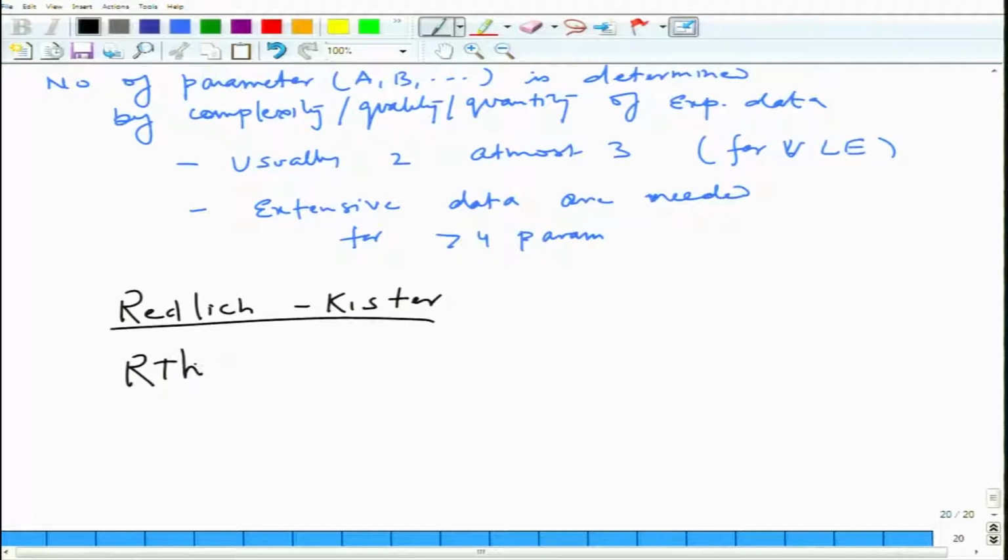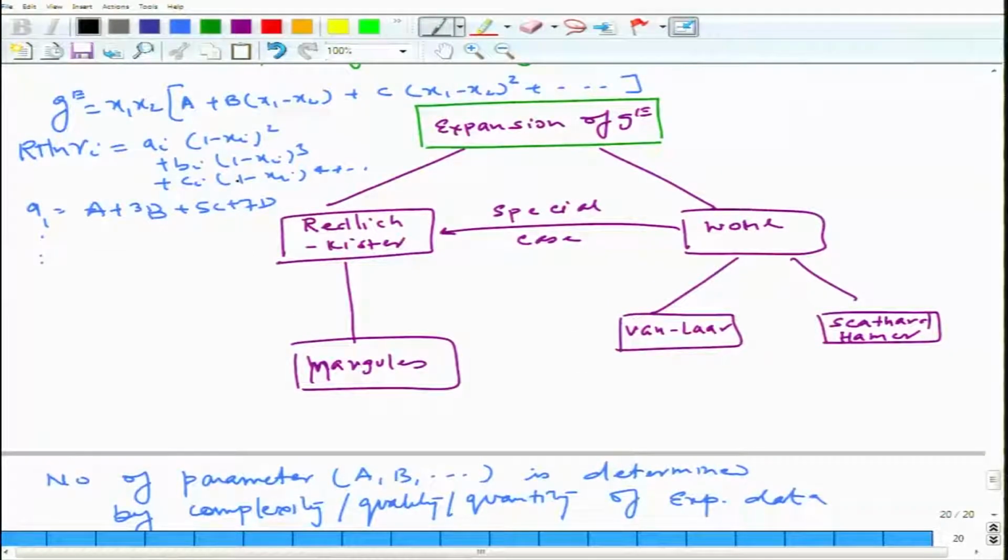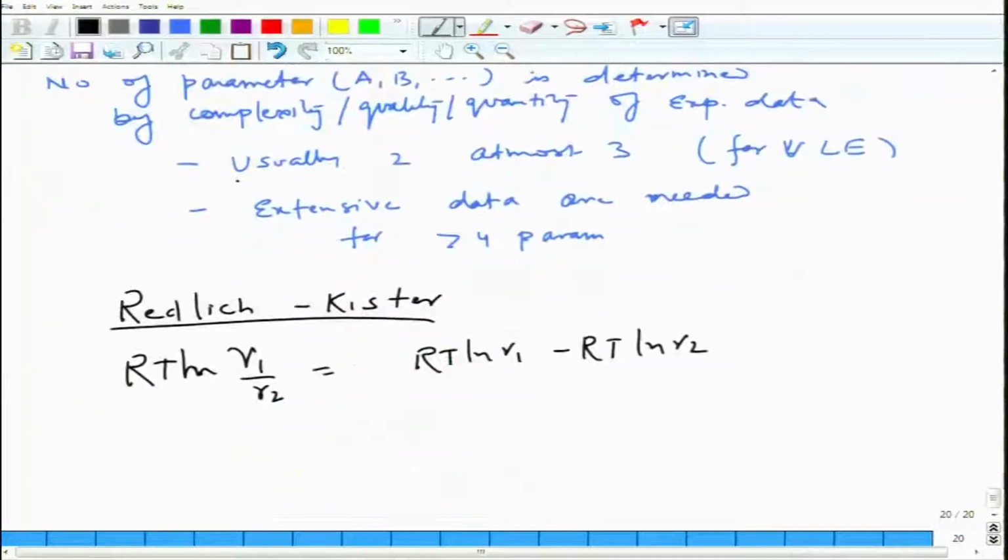It's RT ln gamma 1 by gamma 2, which is nothing but RT ln gamma 1 minus RT ln gamma 2, and from here you can do the mathematics, rearrange everything, and I can simply write this expression.